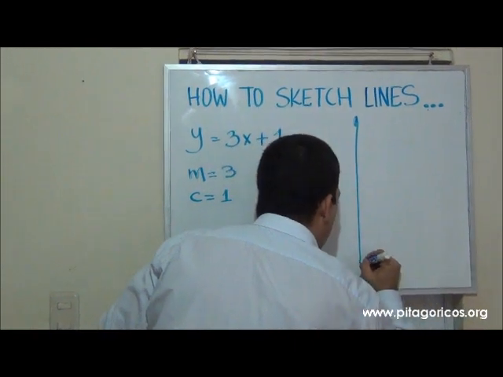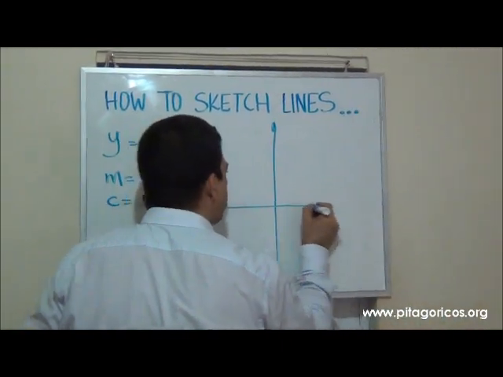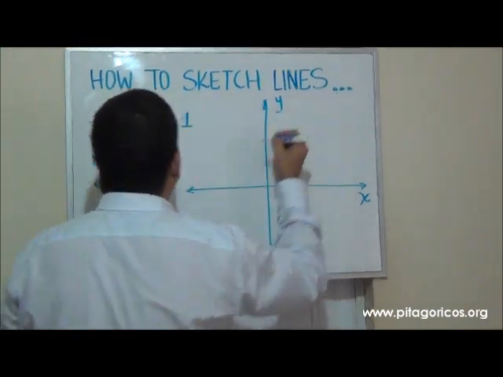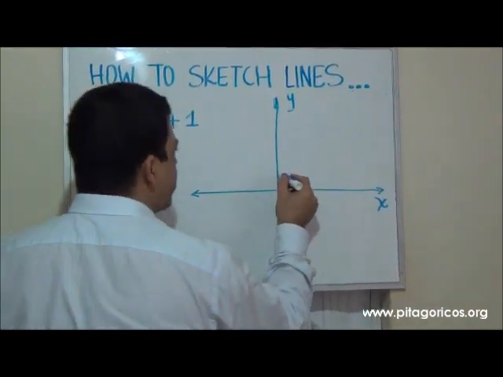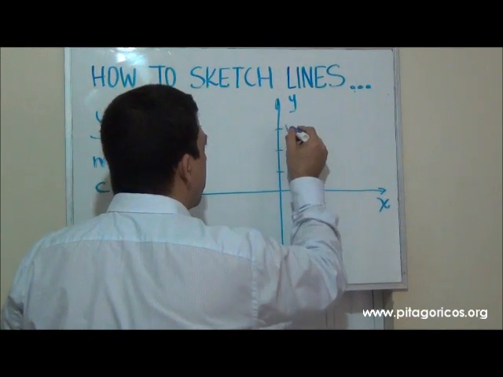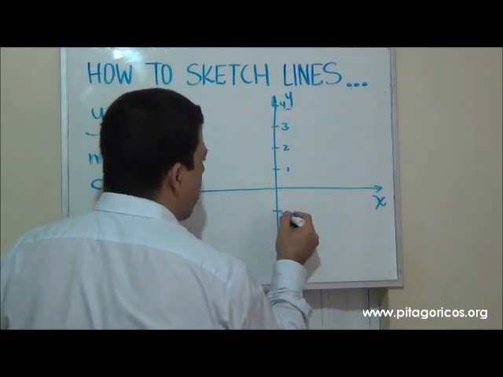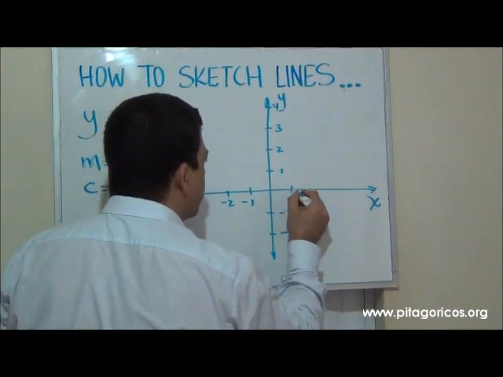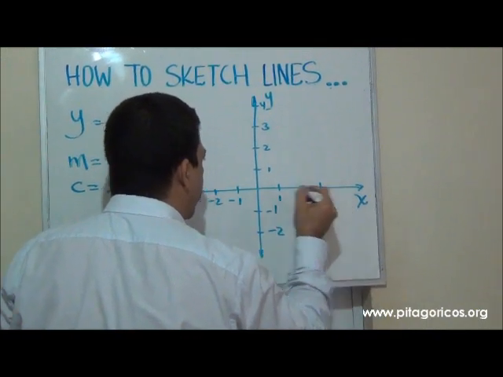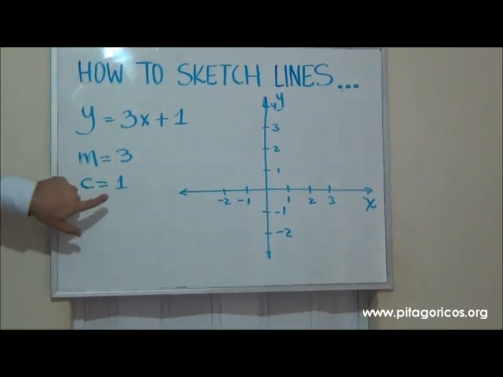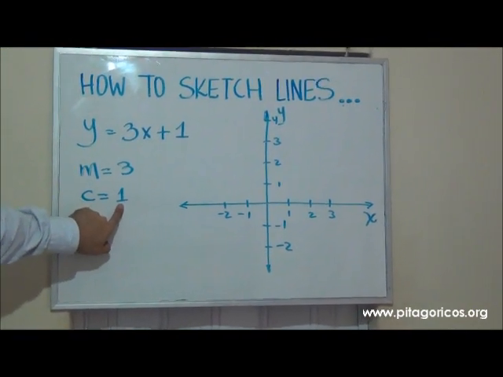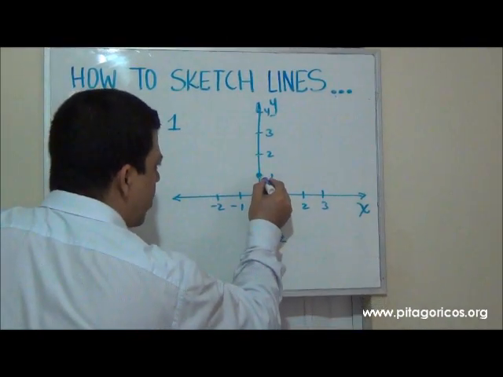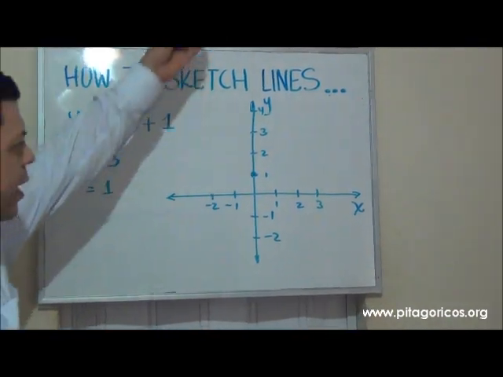Here we go. As usual, x, y, I can place my values 1, 2, 3, 4, minus 1, minus 2, and on the y-axis minus 1, minus 2, 1, 2, 3. Well, first I can place my y-intercept. It is c equals 1, that is my line is going to pass through here. Remember, it's called the y-intercept.